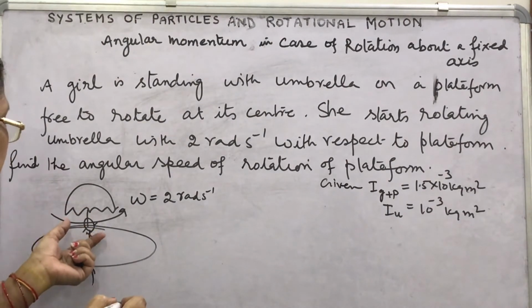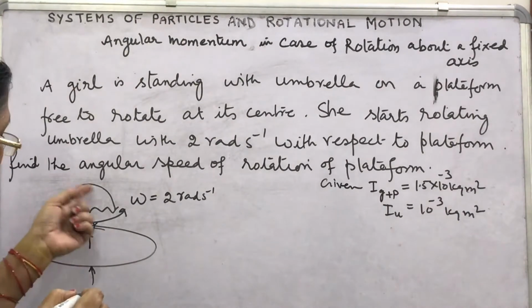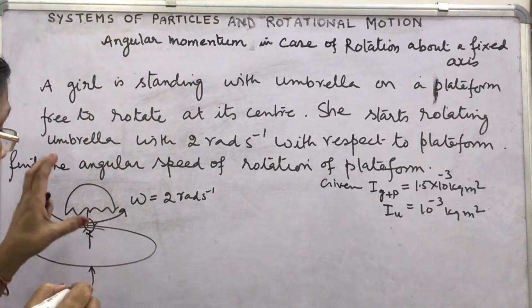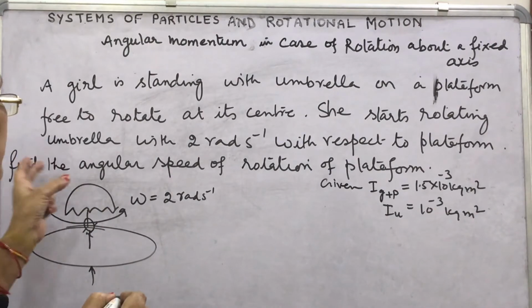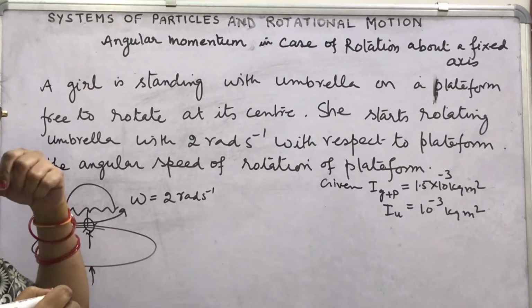Girl, umbrella, and platform make the system, and in the system there is no external torque. It is asked to find the angular speed of rotation of the platform.